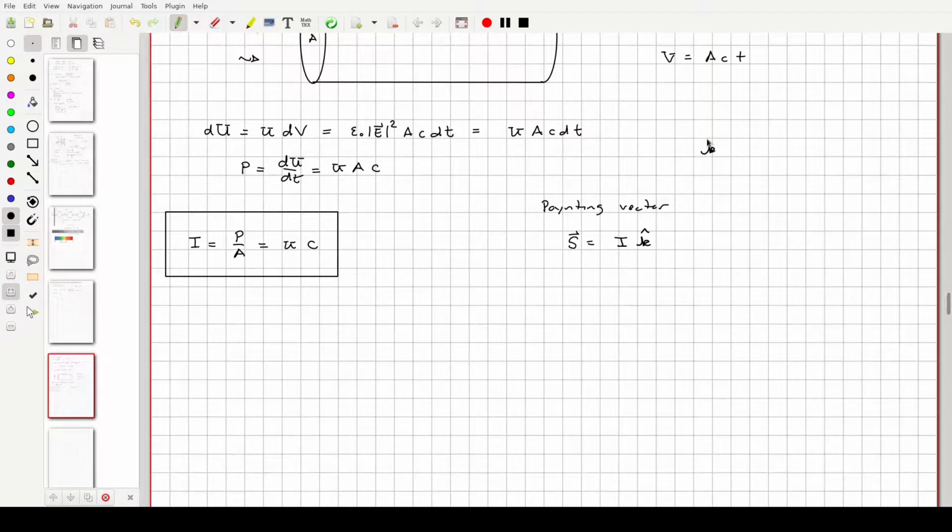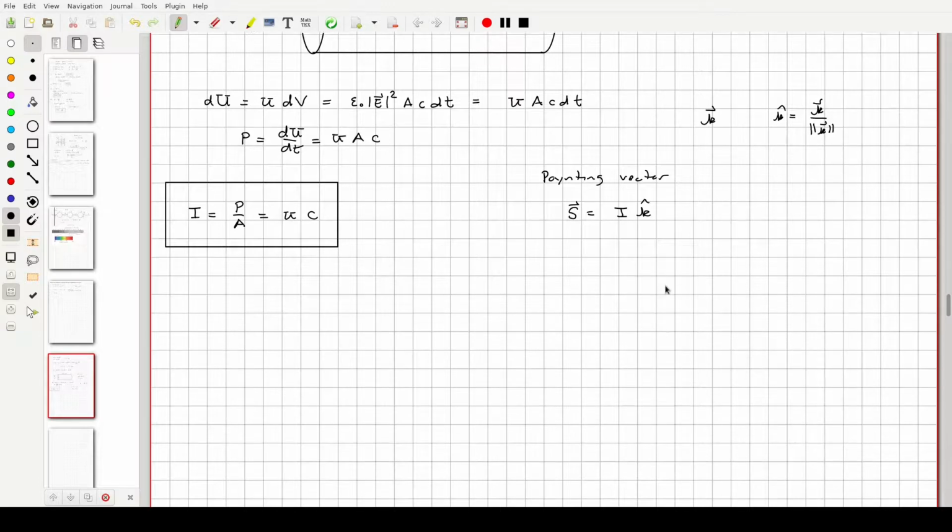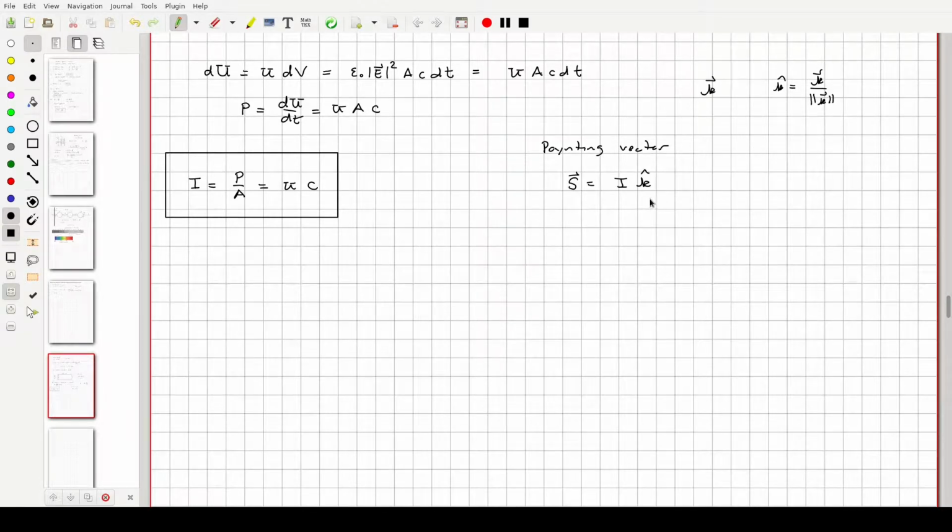The k vector is the wave number. It goes in the direction that your light travels. k hat is in the same direction, but it's a unit vector. k hat would be the k vector divided by its length, which you should have seen if you're in vector calculus at all.